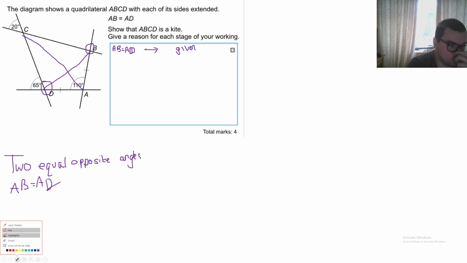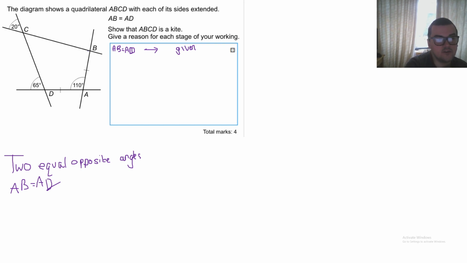Next thing we want to do, we want to show that there are two opposite angles that exist for ABC, so this angle here, and ADC, this angle here. So what we're going to do, we're just going to solve every angle.